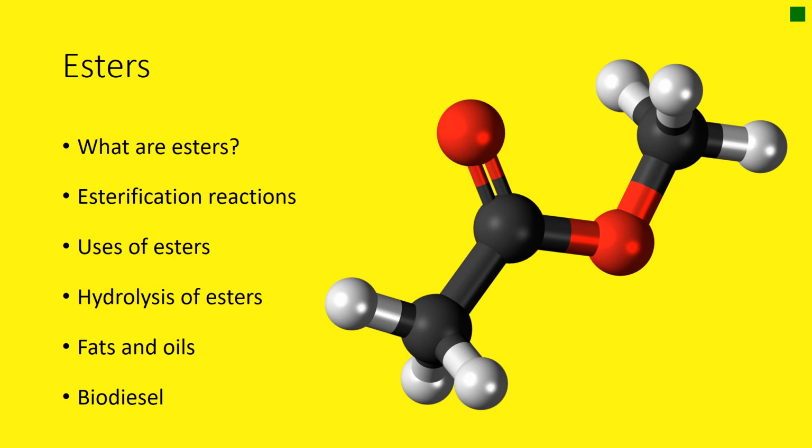And then we looked at hydrolysis of esters, both acid and alkaline, making the 2 different products there. Then we had a look at fats and oils, which are types of esters. In fact, we alkaline hydrolyzed beef fat and made some soap out of it. Okay, so all done. Hope that's been clear.